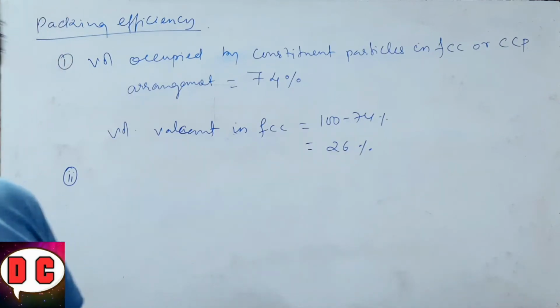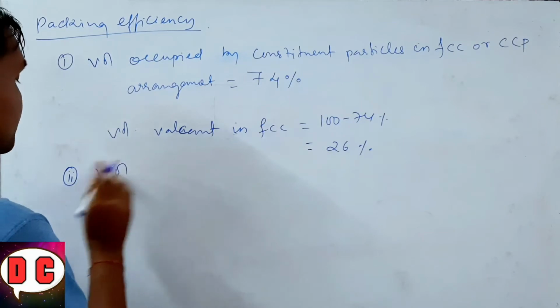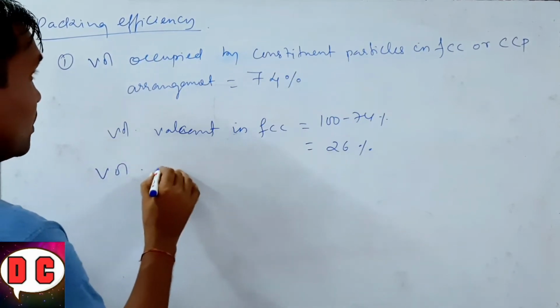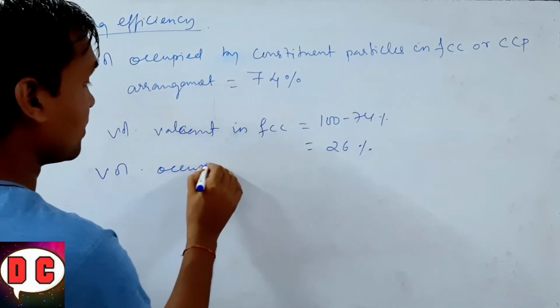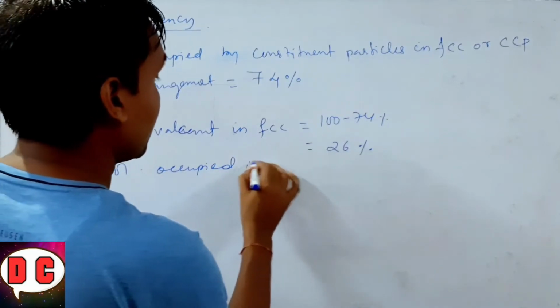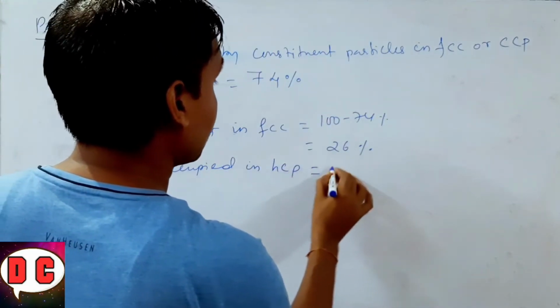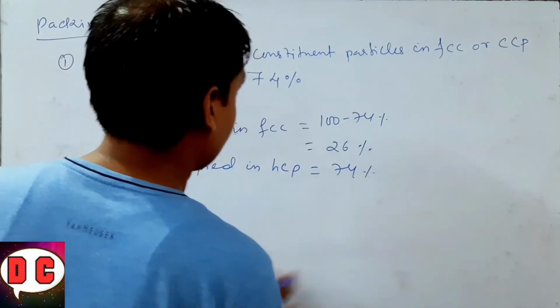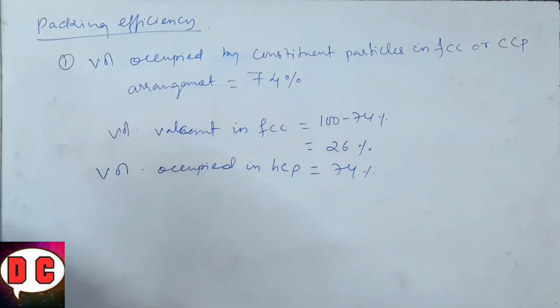Next is volume occupied in HCP, which is also the same. Volume occupied in HCP is also equal to 74%. So these three you remember it.